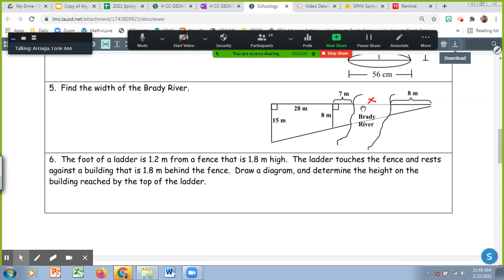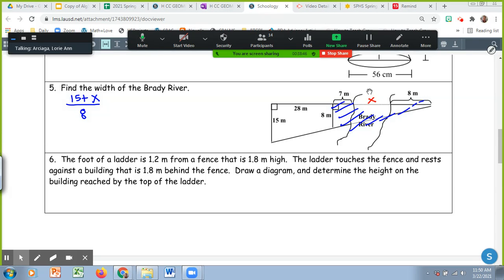So how would that look? The base of the first triangle would be what? That's going to be 15 plus X, right? And the height of that triangle is 8. This is the smaller triangle here.